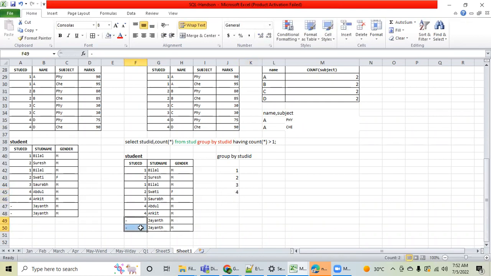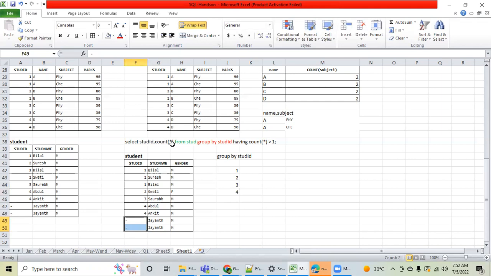Now here is a twist. Shall we create a bucket for null or not? Here you have mentioned COUNT of star.